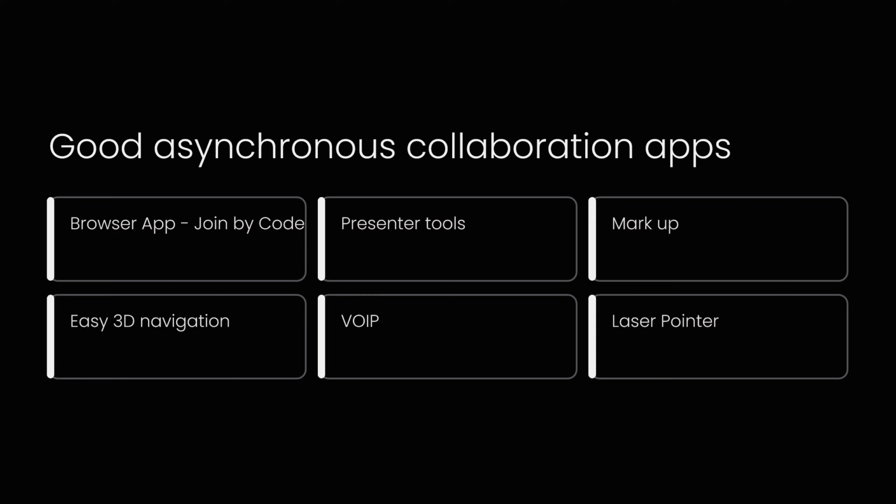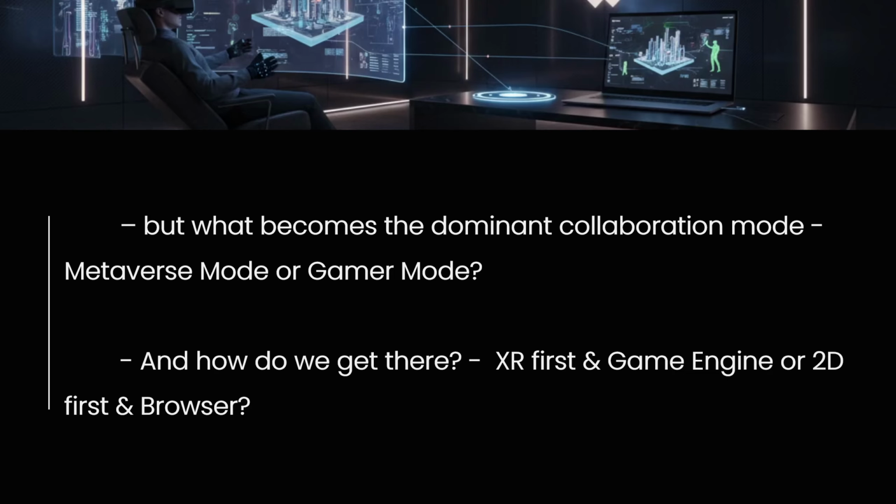Voice over IP is great to keep people in the session. You can add features like spatial proximity chat so people can understand where others are. That helps. And easy 3D navigation. Using WASD is just not super good for non-native 3D people. But if your users are native 3D users, then fine.